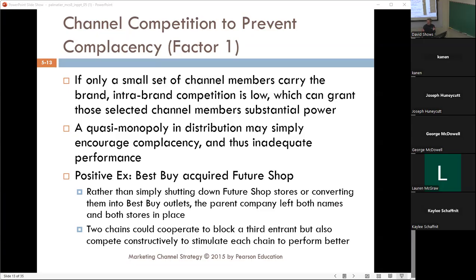And what that does for you is, for one thing, it spreads out the load. It encourages shopping. And if you are a shopping type of item, then you want people to shop. It also means between the players in that given trade area that nobody is going to sleep, that everybody's trying that day to do the best they can.